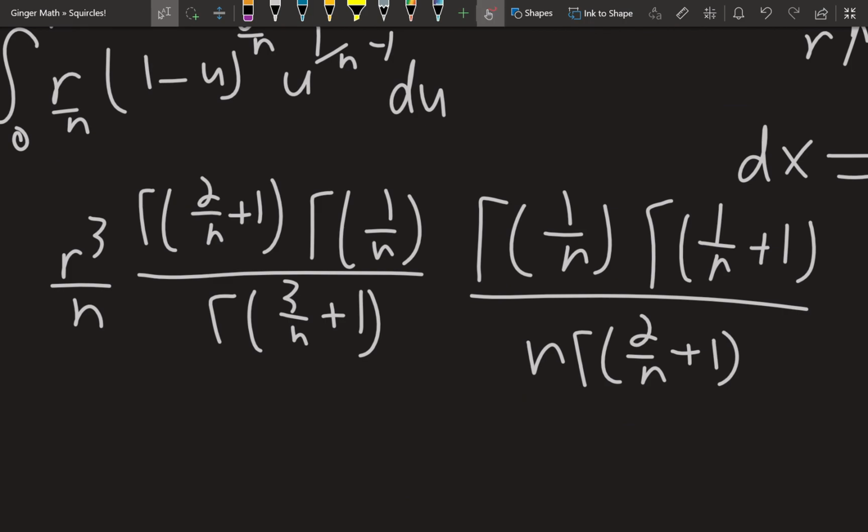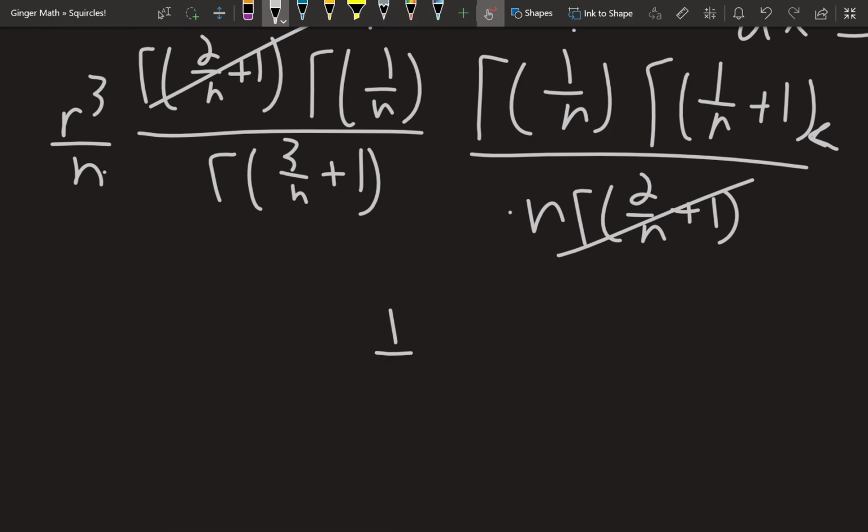So, you'll notice a few things actually do cancel. Namely, these terms. We have a 1 over n here, a 1 over n here, and a gamma of 1 over n there, a gamma of 1 over n there. Meaning that for each of them, we're just going to get one of these terms right here, meaning that term is going to be raised to the 3rd power. That's quite fast. Hopefully you see what I mean.